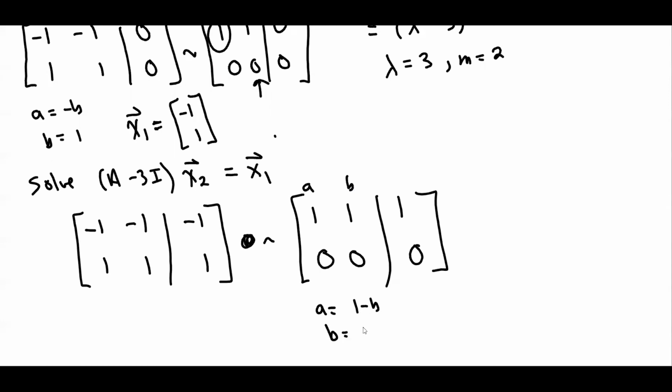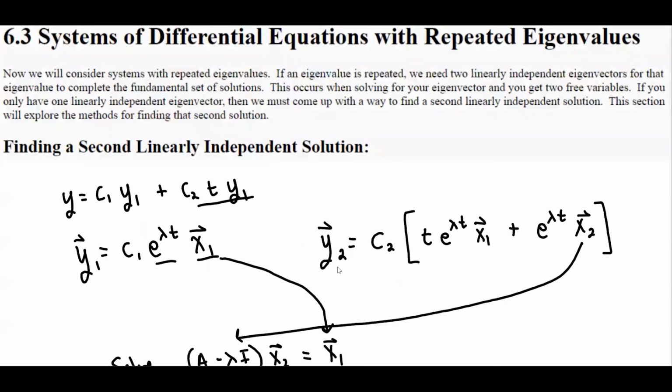Let's let B be equal to 1 again. So this x2 vector is going to be 1 on the bottom and 0 in the first component. So that's x2.